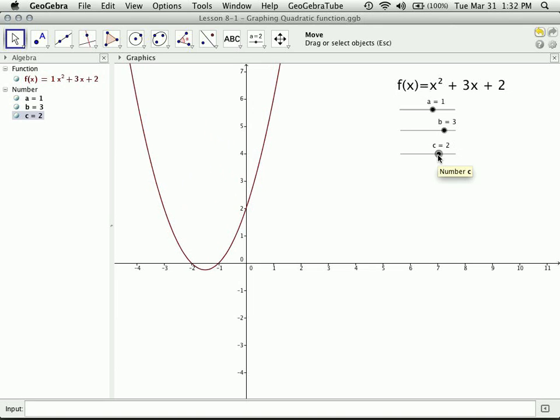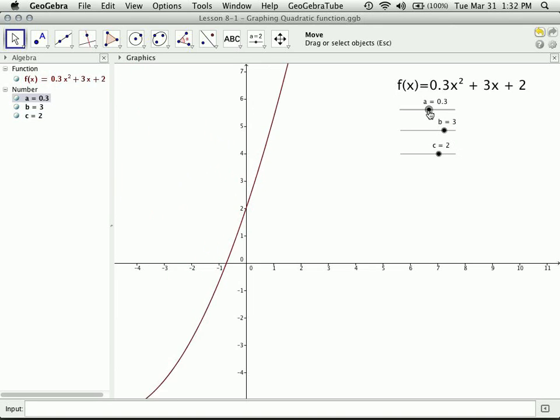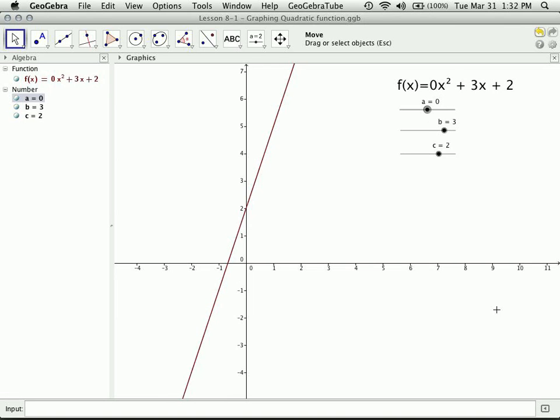So watch what happens now when I change a to 0. What happened to it? Could someone explain in words what happened to the graph? What happened, Caesar? Straight. Okay, Cameron? It's linear now. It went from quadratic to linear because the x squared term disappeared.